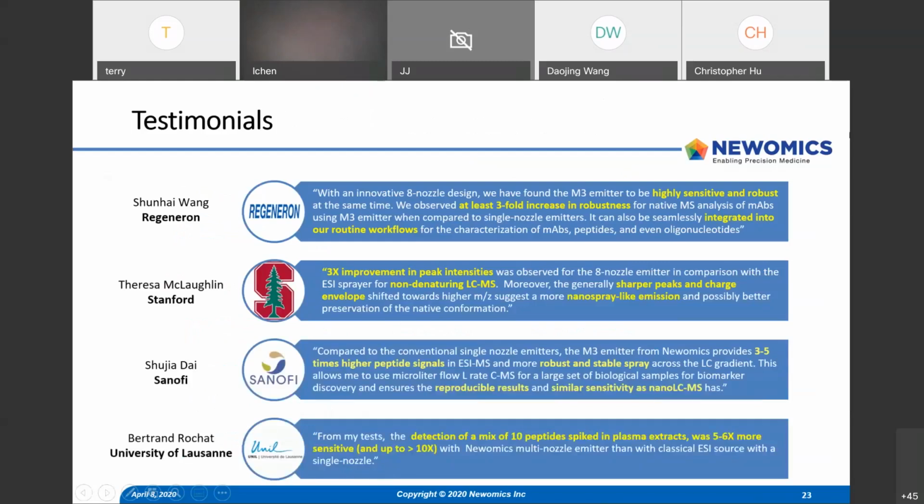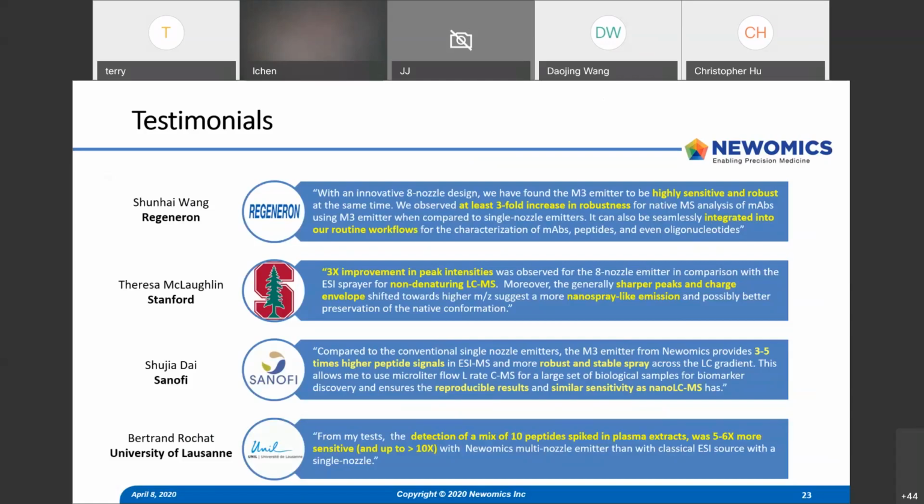So some customers are fairly happy with what they can do with our emitters. Dr. Wang from Regeneron was using our emitter for native studies of antibodies. He saw at least a 3-fold increase in robustness, meaning he can run 3 times more samples. His group was also using our emitter for peptide as well as nucleic acid analysis.